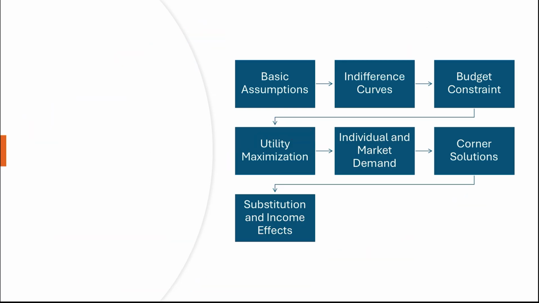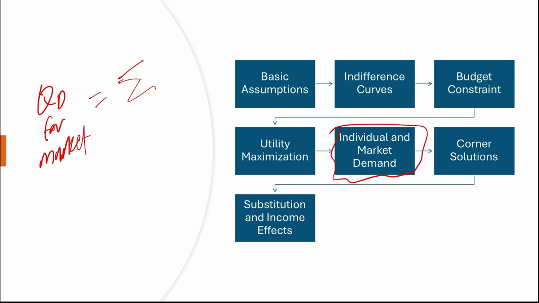All right, then we can look at individual and market demand. The basic idea here is that if we look at quantity demanded for the whole market, that's just going to be the sum of how much each individual consumer wants to buy.